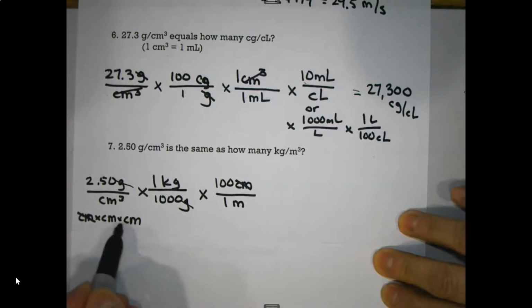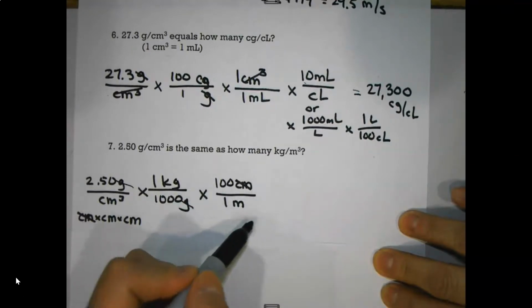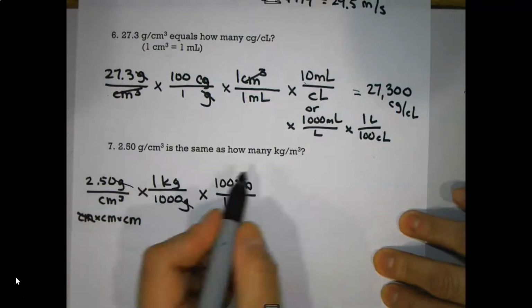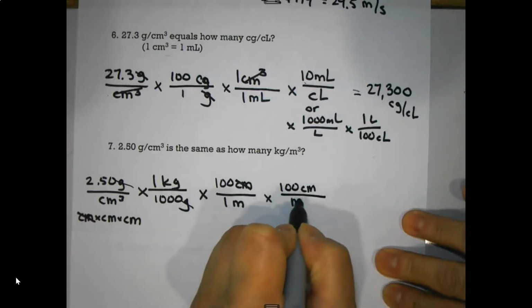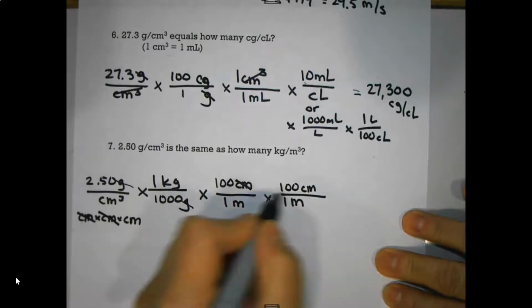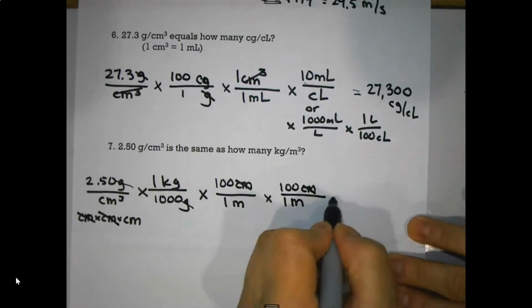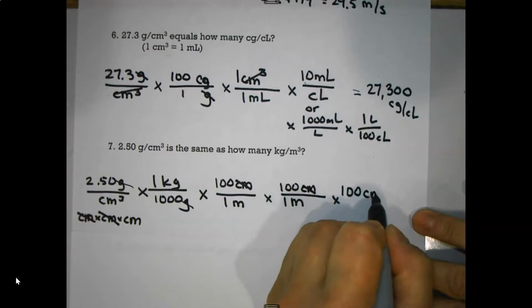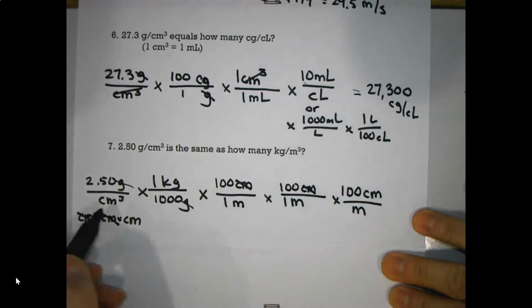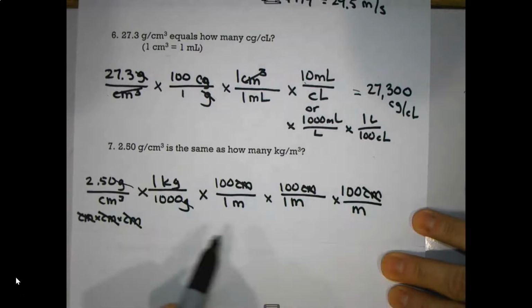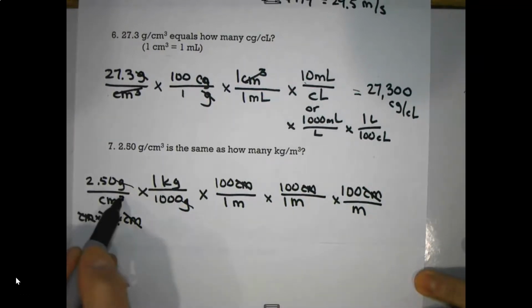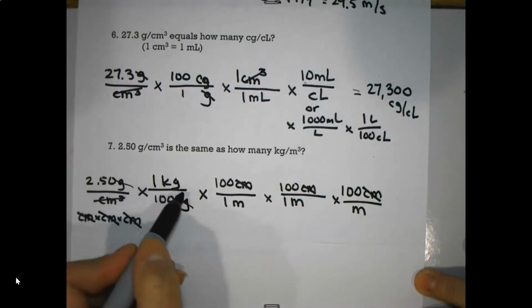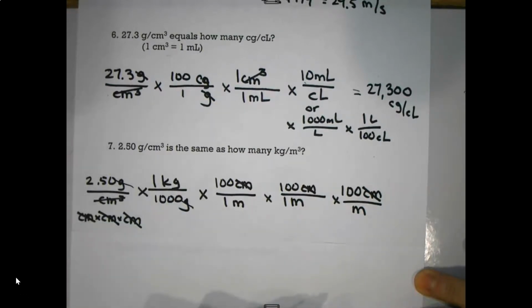I still have 2 centimeters to get rid of, which means I have to use this conversion factor 3 times. 100 centimeters per meter takes care of the second one, and 100 centimeters per meter takes care of the third one. Now I've got meter times meter times meter, which is meters cubed, and kilograms, so I'm in the right units.